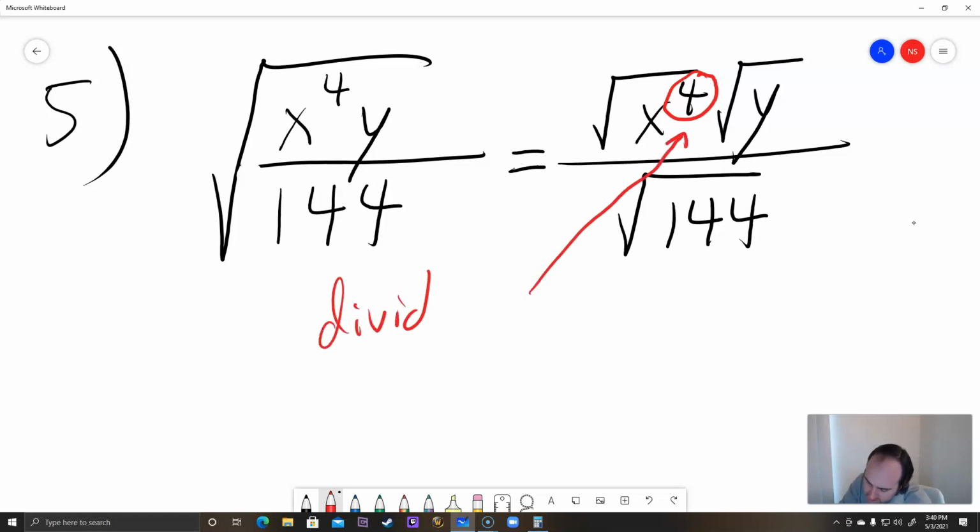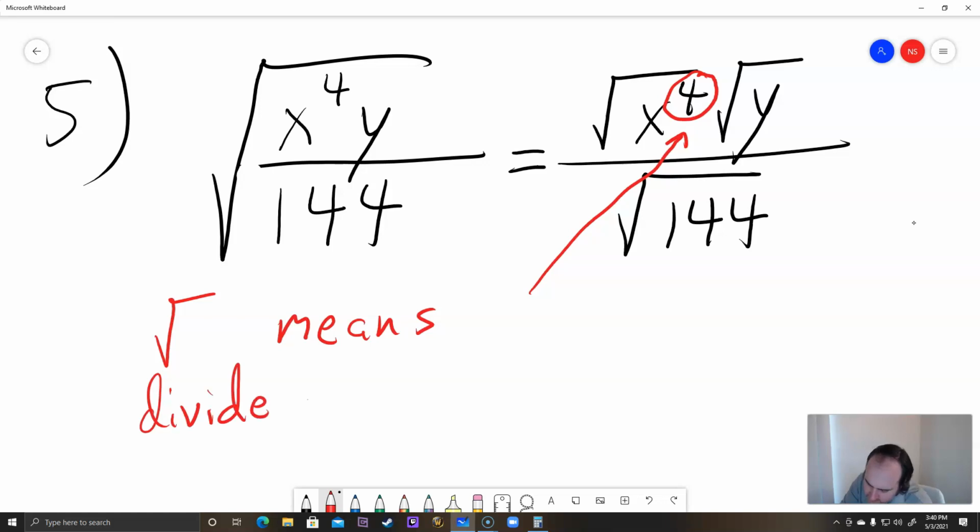So square root means divide exponent by 2.